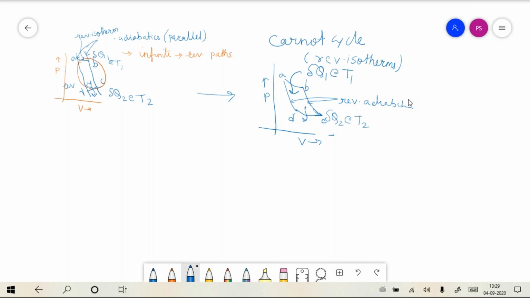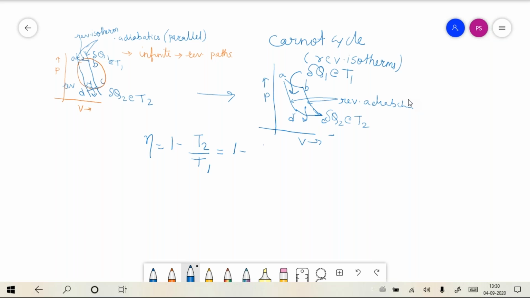So this reversible cycle is a Carnot cycle comprising two reversible isotherms, wherein heat added is del Q1 at T1 and heat rejection is del Q2 at T2. The efficiency of which is given by 1 minus T2 by T1. And you know that the efficiency of any heat engine is equal to 1 minus del Q2 by del Q1.